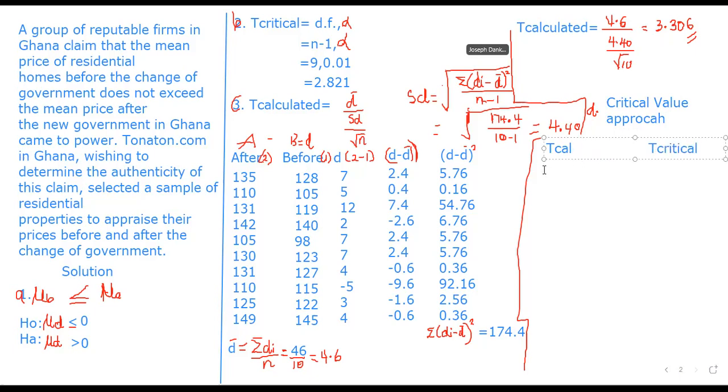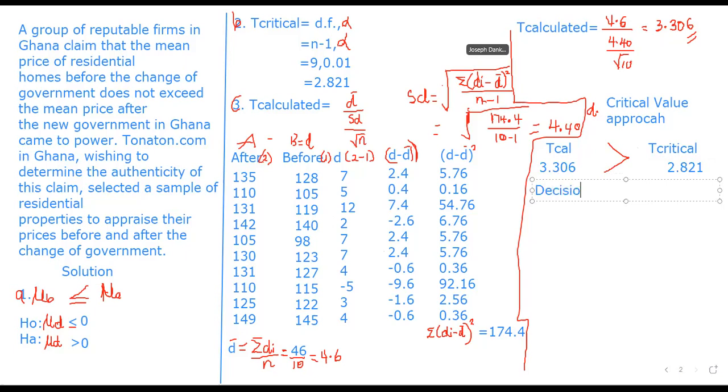So what is the value for T calculated? We got 3.306. And T critical is 2.821. So T calculated is greater than T critical, right? Yes. What will be the decision under this? You will reject H0.